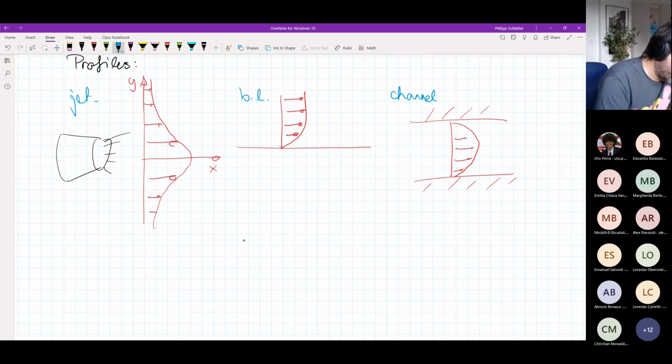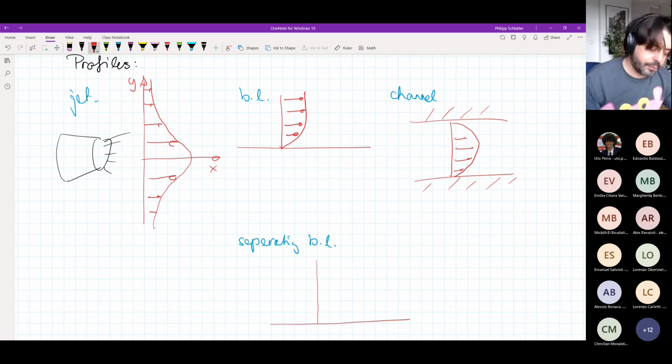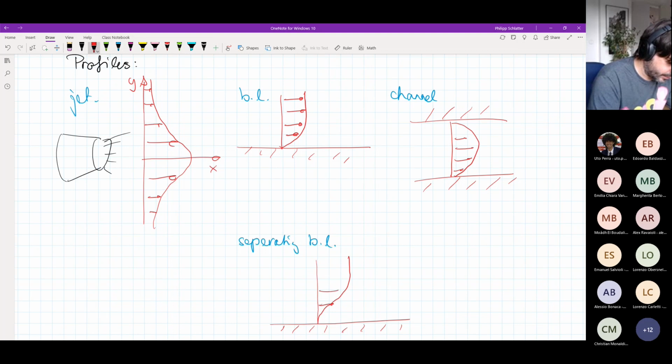And then we can look at a separating boundary layer. If you think back of a Falkner-Skan boundary layer, but exactly at the point of separation or close to separation, where we had a profile that looked like this.